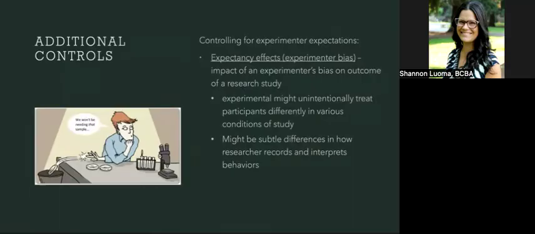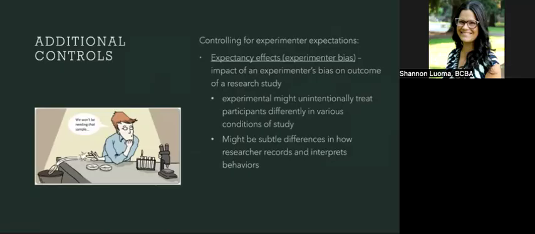Some things that can happen: we might unintentionally treat participants differently depending on which condition they're in. If we know they're in the control group versus the experimental group, we might treat them differently. When we're recording behaviors, there might be subtle differences in how we interpret and record those behaviors, how we view them. And that's going to be an issue in terms of our data and how that comes out.